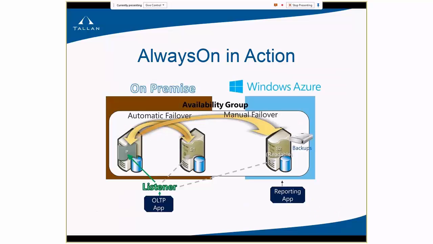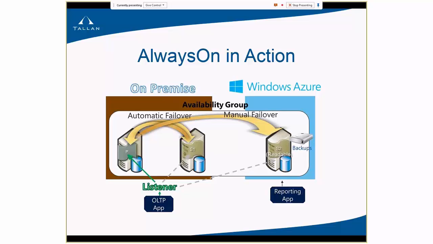Okay, this slide is very, very similar to the last one. Just wanted to emphasize here that instead of a disaster recovery or a colo or a DR data center, you could use Azure, right? So we're seeing this a lot too, where you have an automatic failover to a secondary in your local or on-premise data center, but you have that asynchronous replication in Azure.